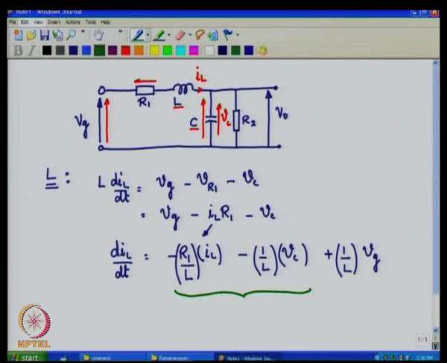This is the part which contains the state variable component, and this is the part which contains the input component. So, this is the first part, differential equation 1. Okay. Now, the second differential equation is the one which is connected with the capacitance C. So, let us clear some space.